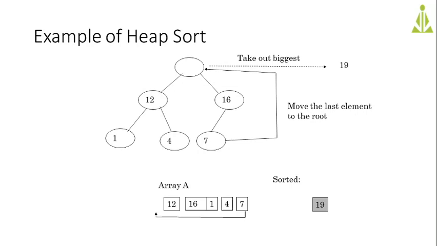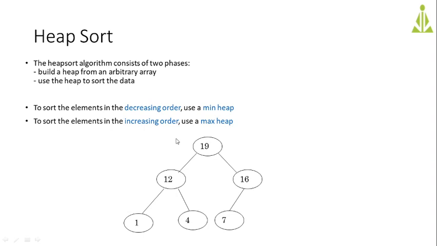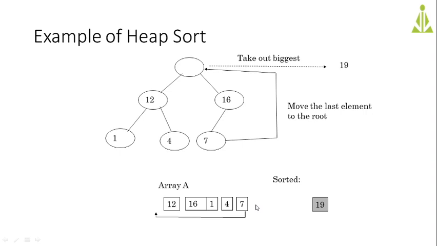Here is an example of heap sort. Now we are performing the sort on this given data. This is not in sorted order: 19, 12, 16, 1, 4, 7.